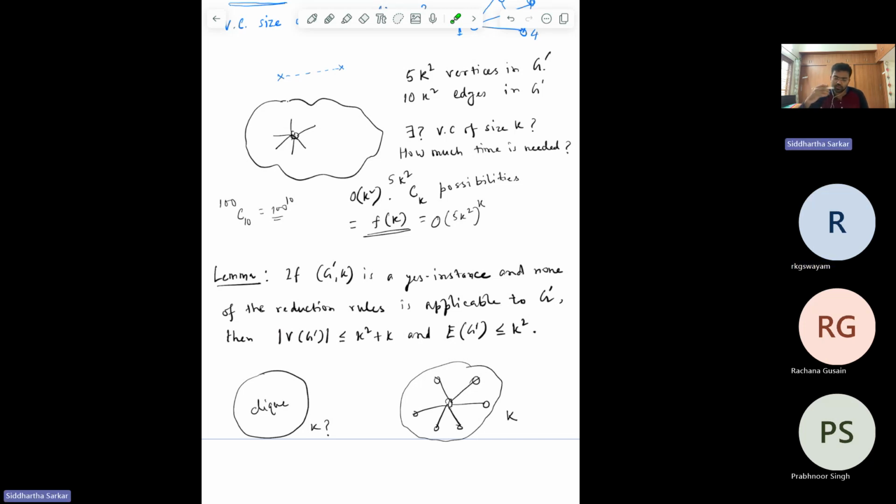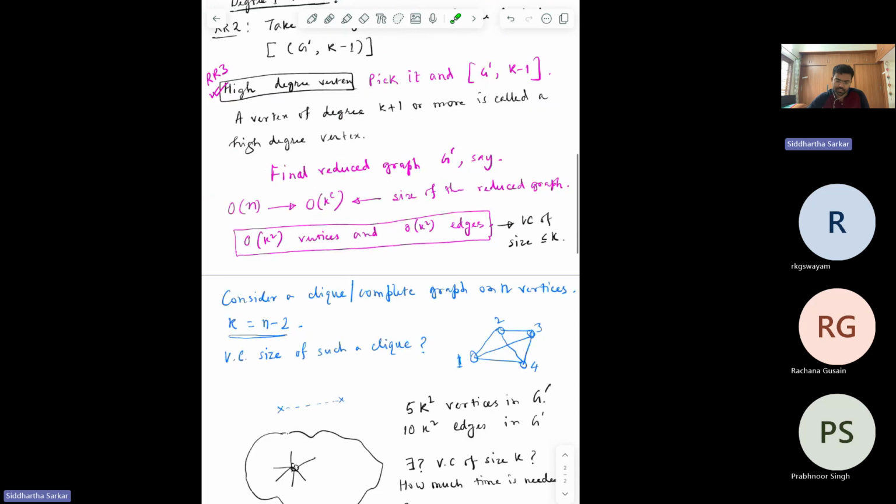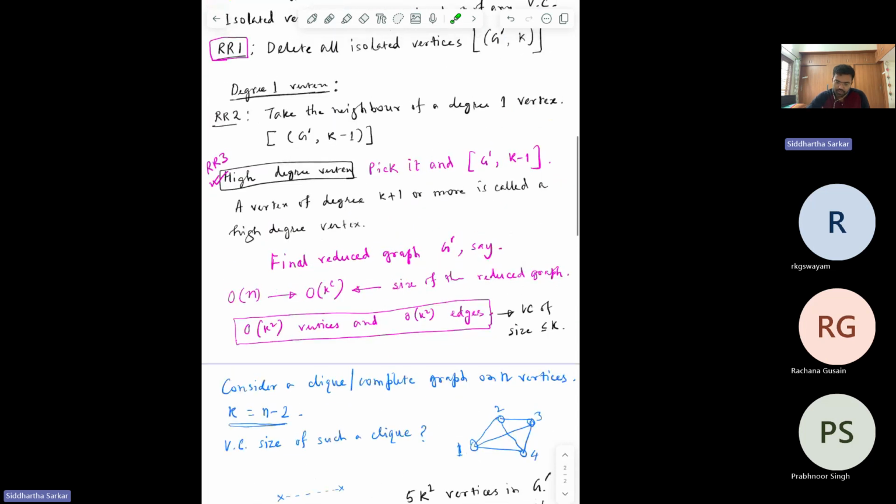The meaning of applying the reduction rule is the following: when we pick a high degree vertex for inclusion into the vertex cover, this vertex as well as the edges incident to that vertex are deleted from the graph to get a reduced graph. But then they should not be deleted ideally, because everything would remain at its own place.